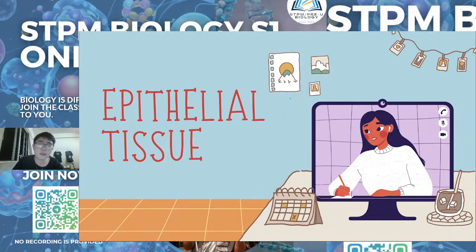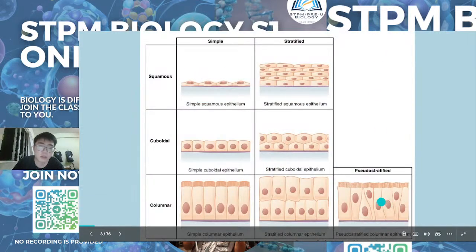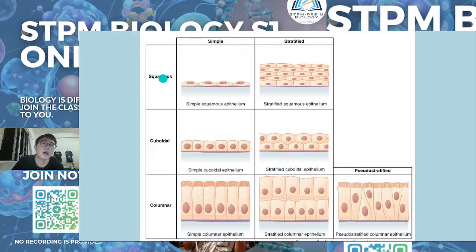So first of all, the first type is epithelial tissue. These are all the epithelial tissues that you should learn. There are four main types: squamous, cuboidal, columnar, and pseudo-stratified. Squamous is the very basic one.